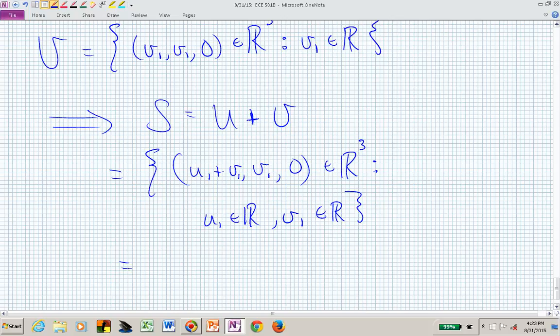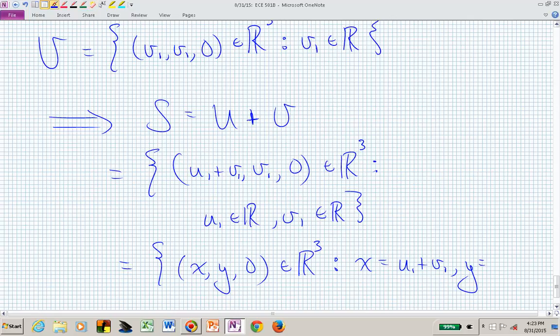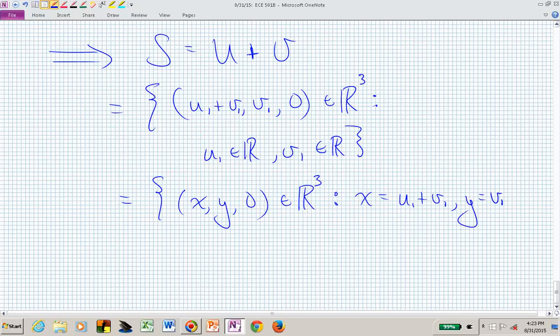But what is that equivalent to? You could view it simply as the XY plane in R3 such that X is equal to U1 plus V1 and Y is equal to V1, where X is real and Y likewise is real.